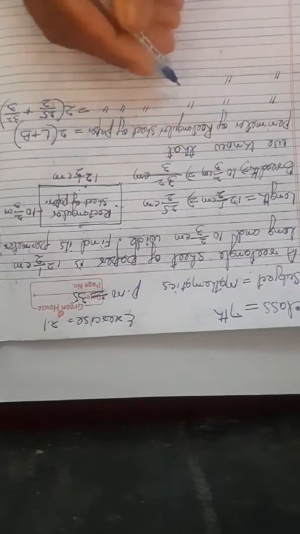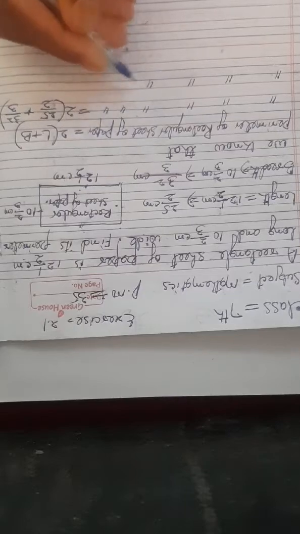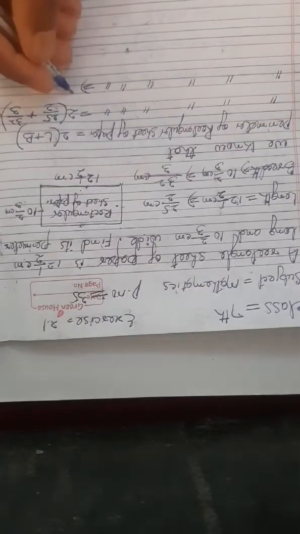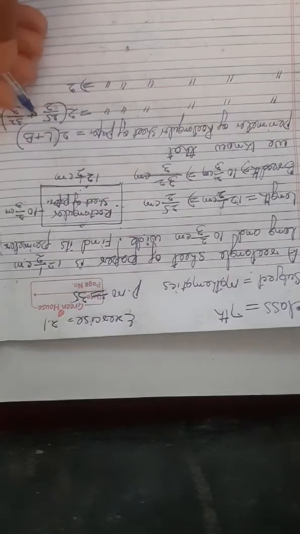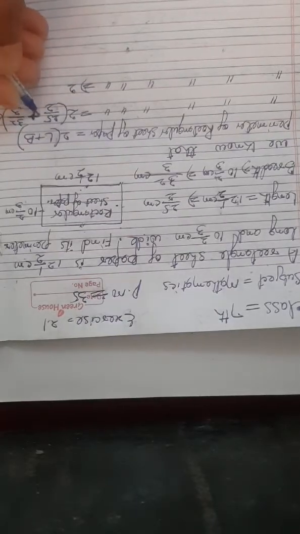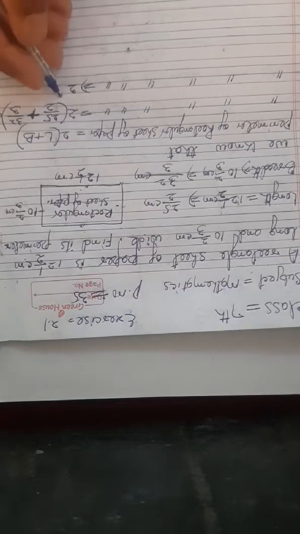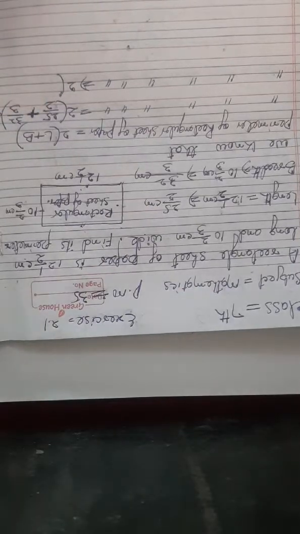Perimeter of a rectangular sheet of paper is equal to 2, we will write it like this. If we look at these two fractions in the bracket, whenever you see fractions under addition, we must cross multiply these two fractions.